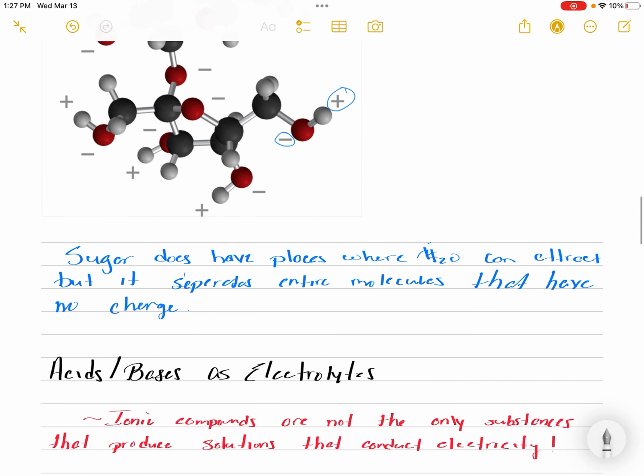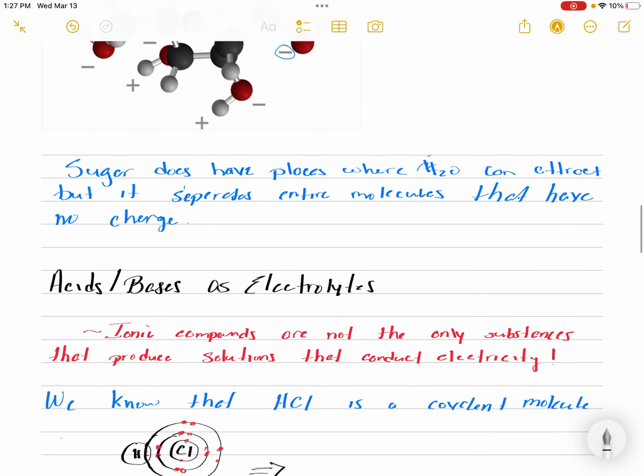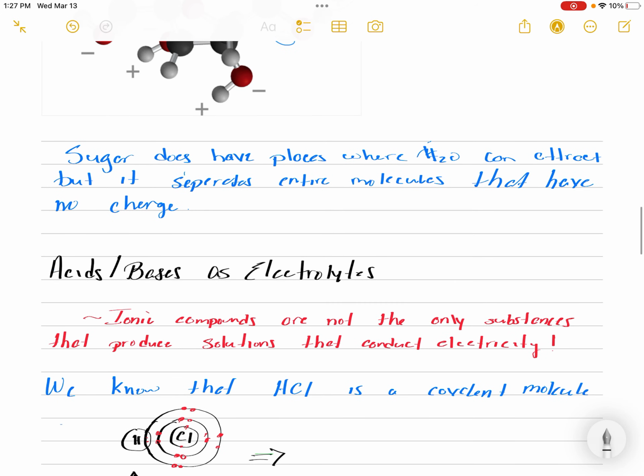Now, acids and bases as electrolytes. Ionic compounds are not the only substances that can produce solutions that conduct electricity. So let's take a look at hydrochloric acid, HCl. We know that this is a covalent molecule, all nonmetals.